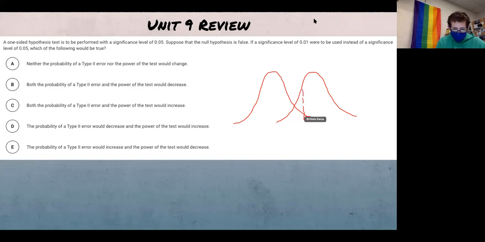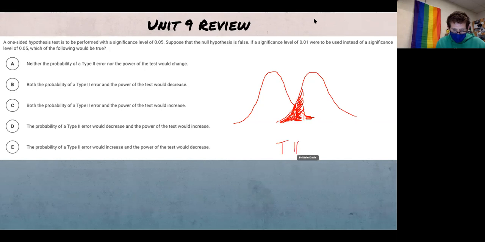Because we moved it, if the original one was sitting right here, what we did is we just went from this area of a type 2 error, and then we added this onto it. So what we've done is we've actually increased the probability of a type 2 error by making it harder to reject the null hypothesis. So you can think of it that way. By making the significance level smaller, we made it harder to reject the null. And that increased the probability of a type 2 error.